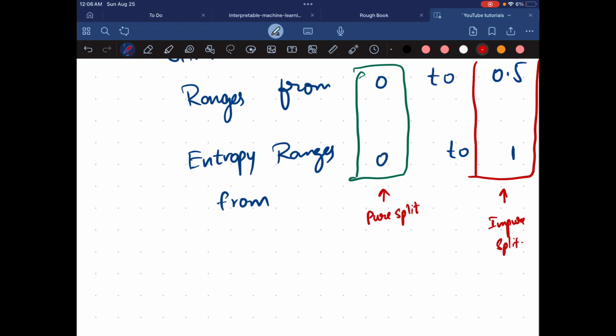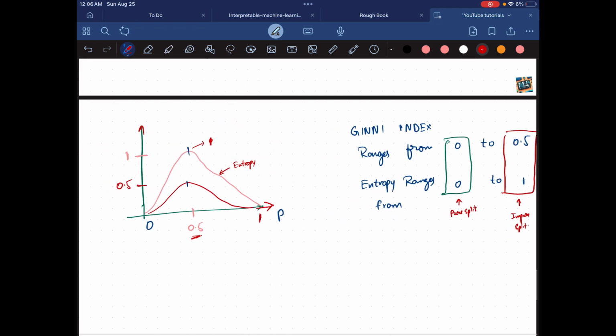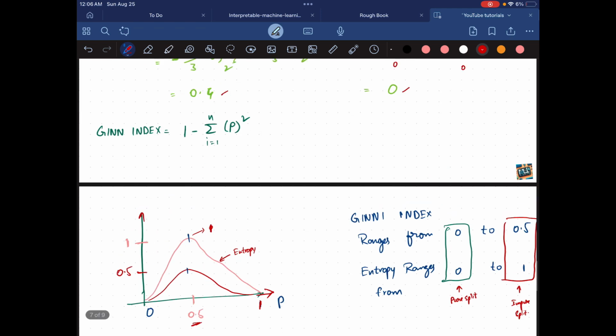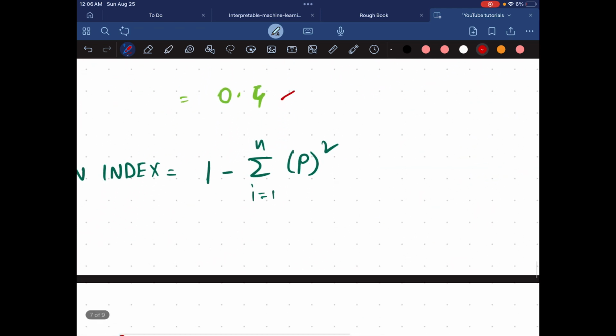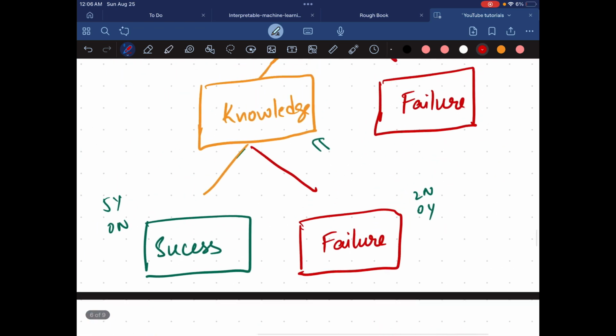In a similar way, the Gini index formula is as simple as this: 1 minus the probability of positives whole square plus the probability of negatives whole square, and then you substitute the probability values. Here let me take an example.